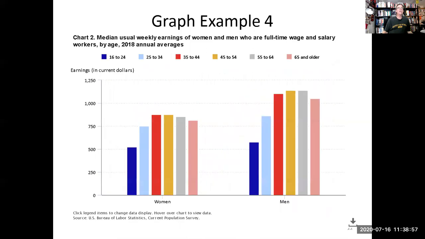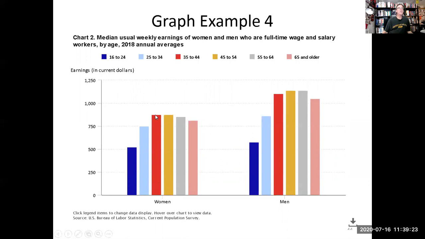Here's another histogram, and it's split out into different groups by age and by gender. Median weekly earnings of women and men who work full-time or on salary by age. This is just for the year 2018. Weekly earnings in current dollars, so that would be 2018 dollars.